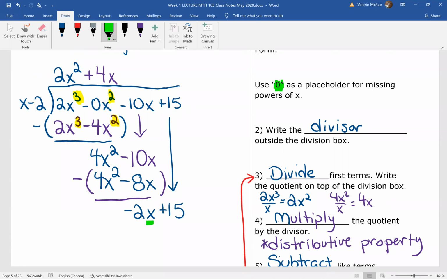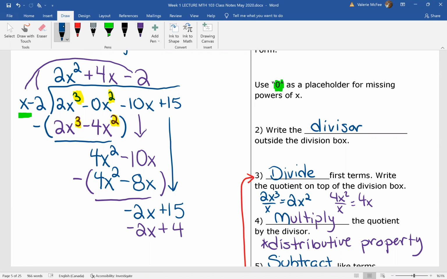We're dividing the first terms, negative 2x divided by x. That equals negative 2. Now we multiply negative 2 by each of these terms. Negative 2x plus 4.